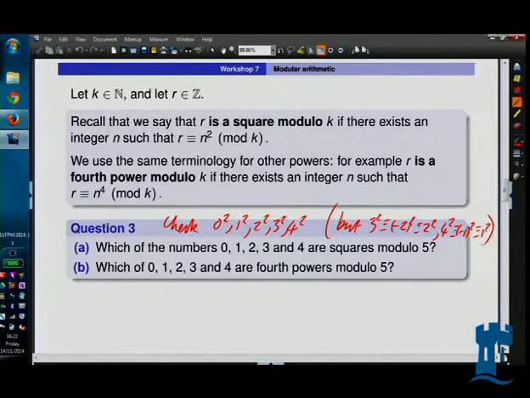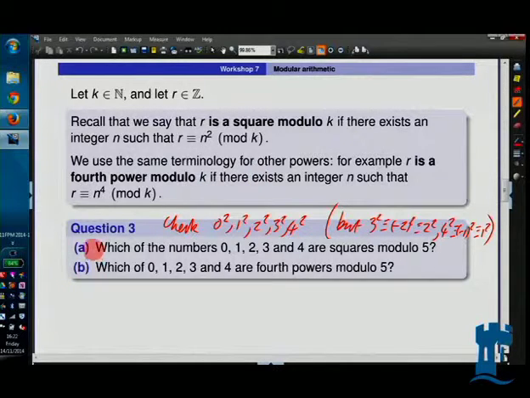So, in fact, you only have to check 0 squared, 1 squared, and 2 squared to find the squares modulo 5. And anything else is a repeat of that. Whatever integer you take, no matter what you try, take its square, find the remainder. When you divide by 5, it'll be one of these 3 possible numbers. Okay, so that's that one.